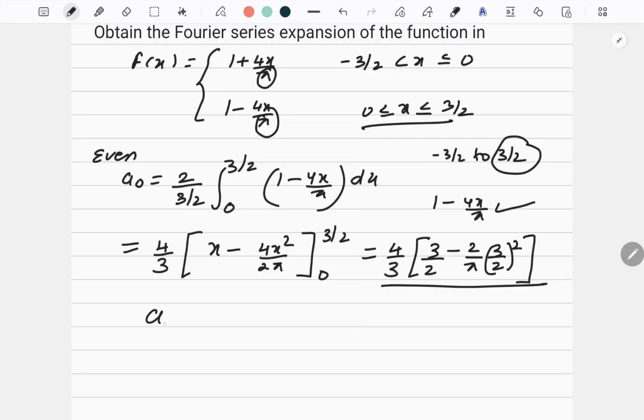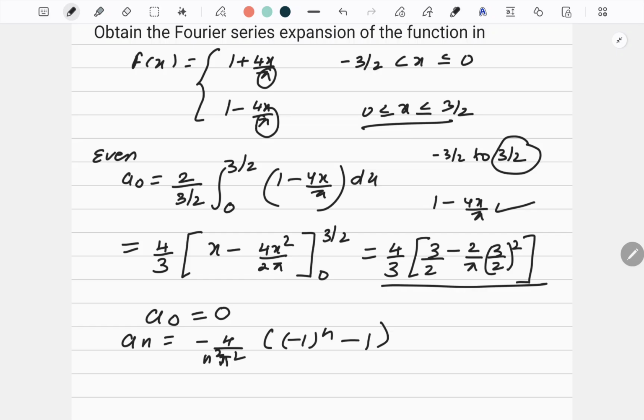So when you solve, your a0 value will be 0 and your an value will be equal to minus 4 upon n square pi square into minus 1 to the power n minus 1. When you solve for odd values, you will get it as 8 upon n square pi square. So there is a change in this question, so you just change it and then you solve this question.